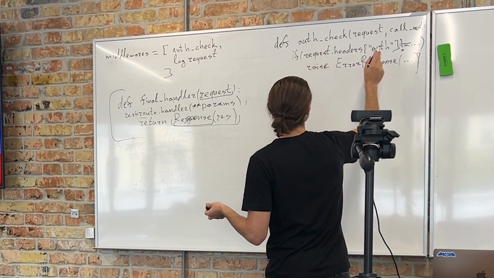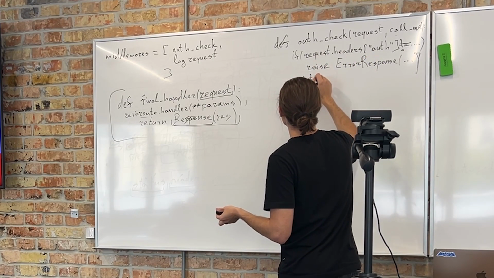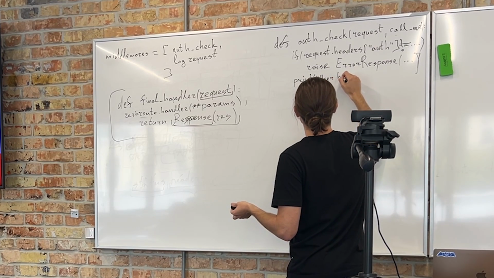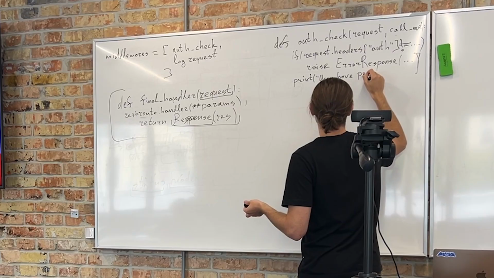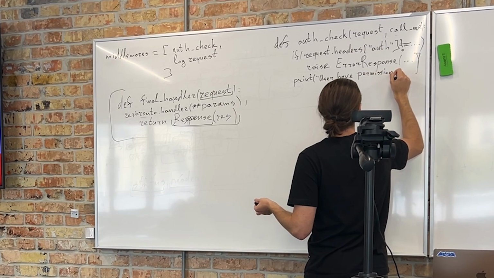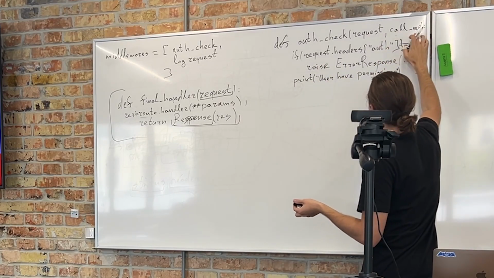After this, for our purposes, we can print that the user has permissions, and then we will call next.